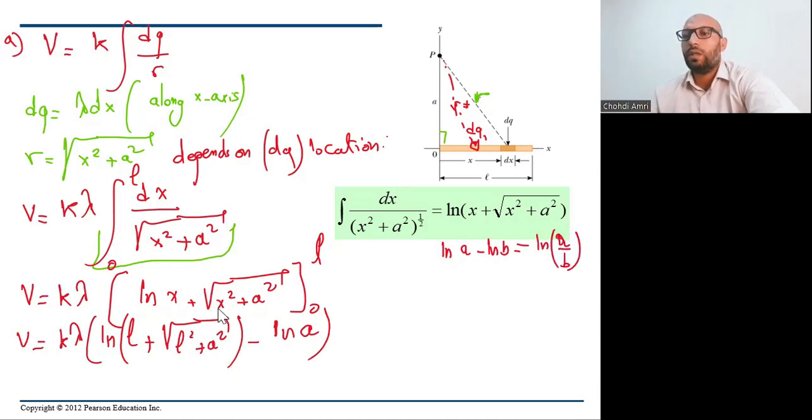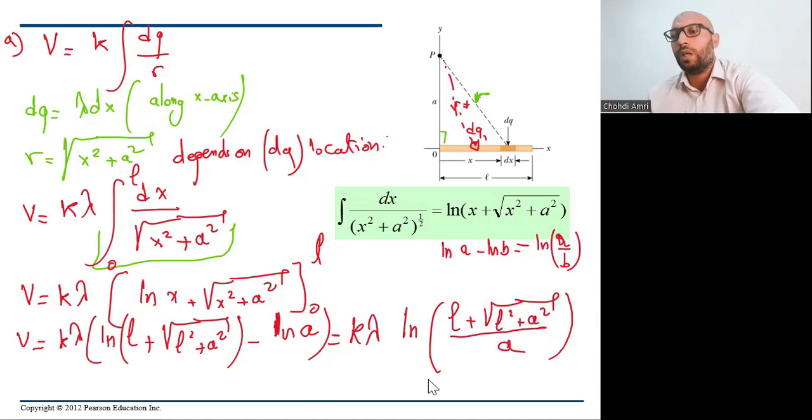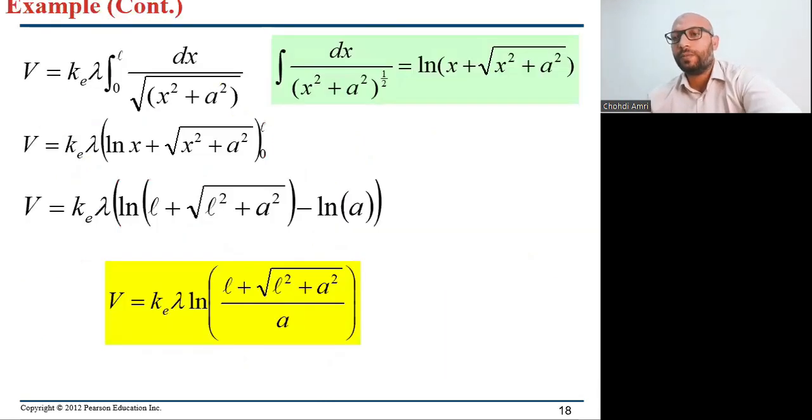So we can use this rule to say that the electric potential V equal K lambda multiplied by ln L plus square root of L squared plus a squared over a. And we are done. This is our electric potential at the point P due to this configuration. Okay, good. Let's move. We are done.